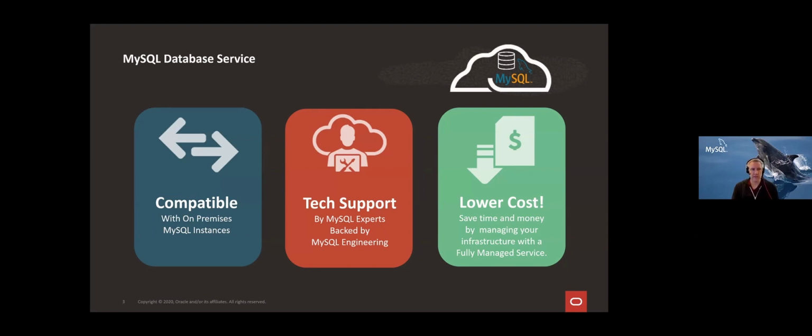What that gives us is a MySQL database that is essentially completely 100% compatible if you go from, let's say, on-premise or infrastructure as a service to the Oracle MySQL Database Service. So an application can be written only one time.